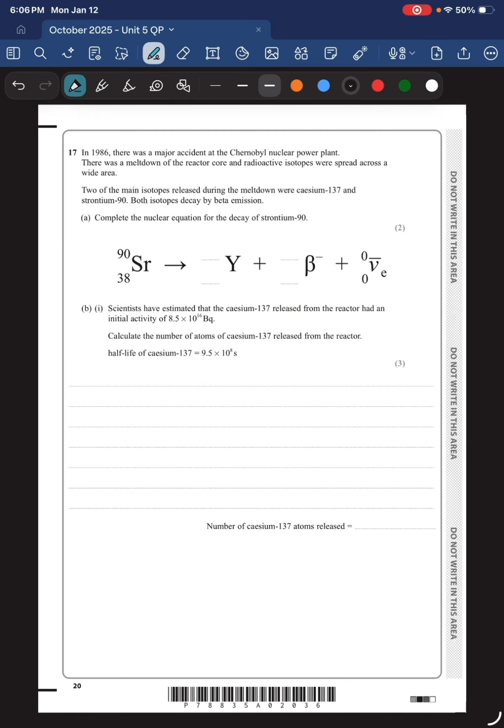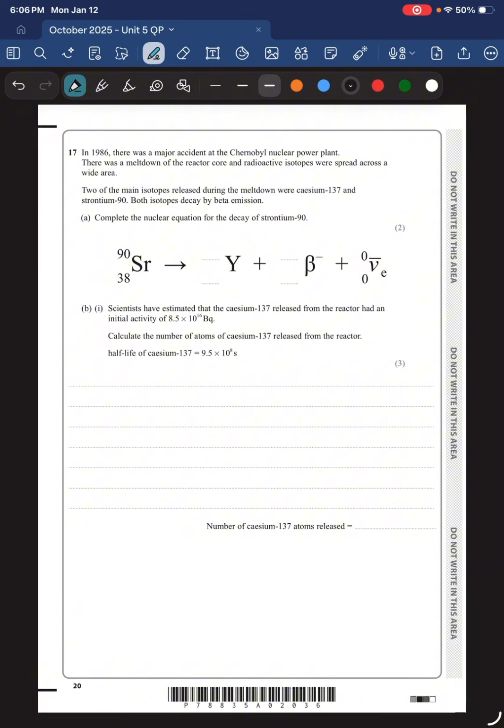Okay, question 17. In 1986, there was a major accident at the Chernobyl nuclear power plant. This was in Ukraine, by the way, for those of you who are really young. I mean, I was a baby when this happened. There was a meltdown of the reactor core and radioactive isotopes were spread across a wide area.